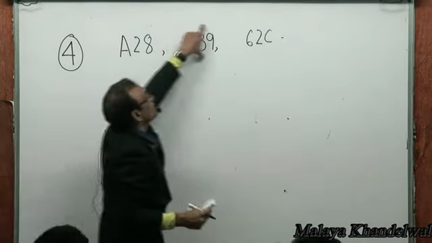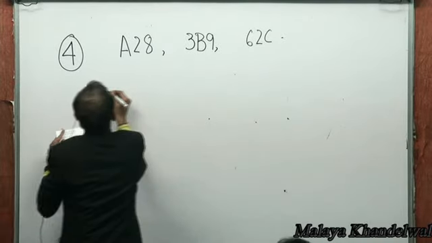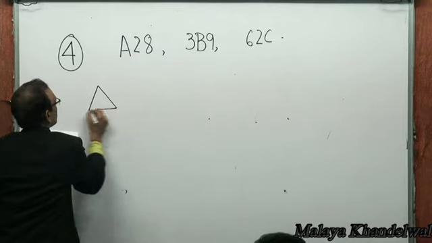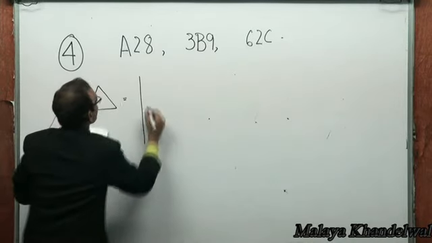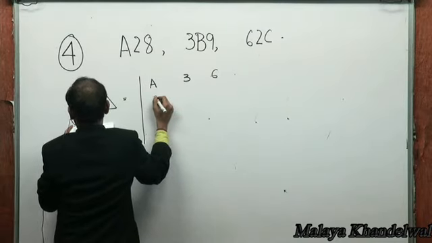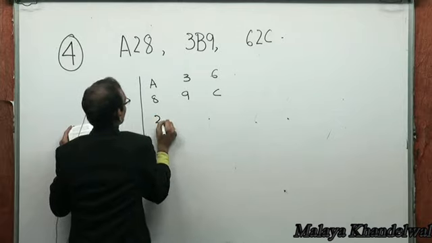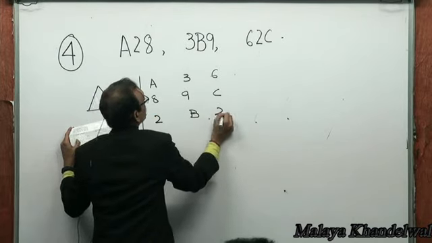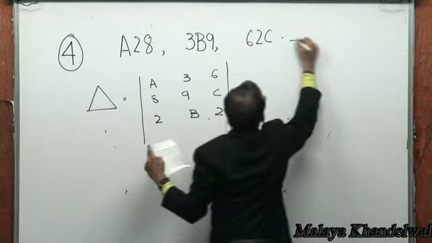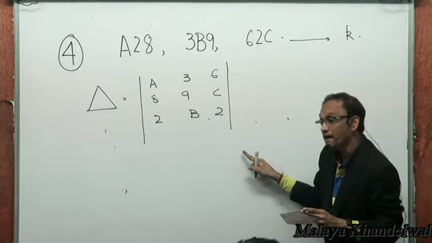We want to show that this determinant delta, with rows A 2 8, 3 B 9, 6 2 C, is also divisible by k. Given that these are all divisible by k, we want to show that this is also divisible by k.